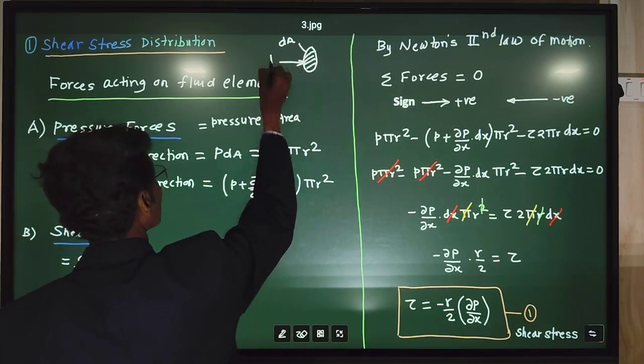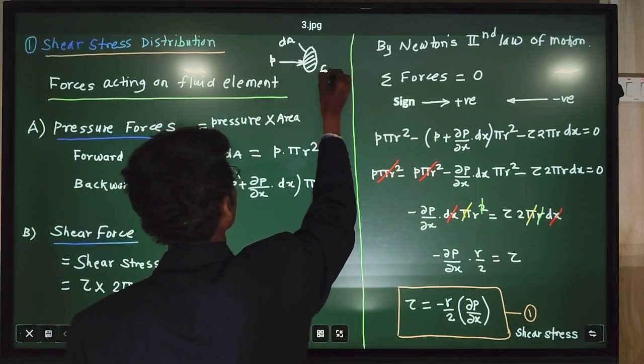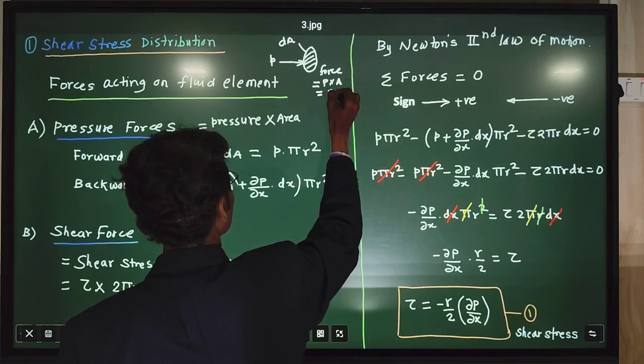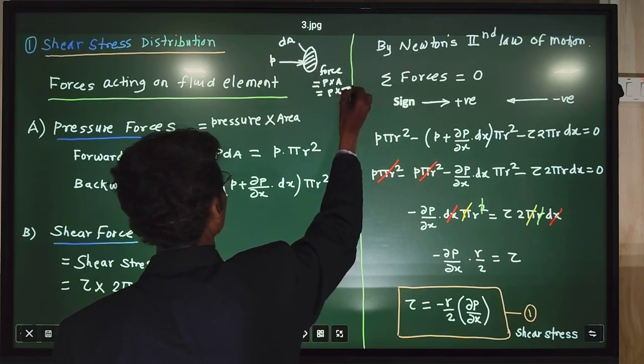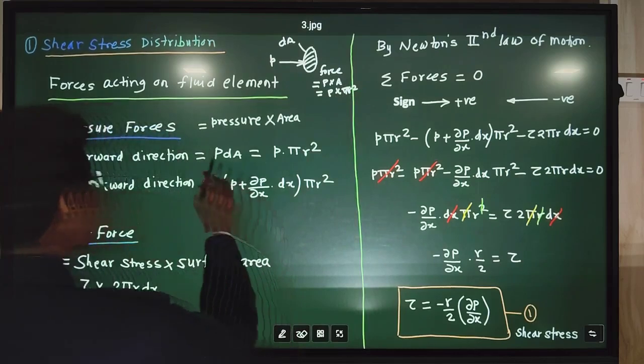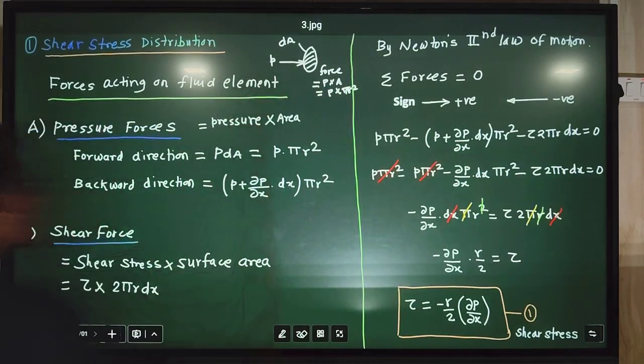The intensity of pressure is P. So force is pressure into area. Thus, with P the intensity of pressure and area pi r square, that is the force acting in the forward direction on the left side of the fluid element.